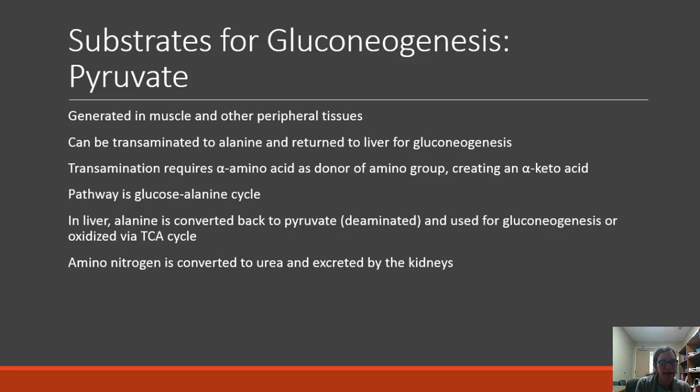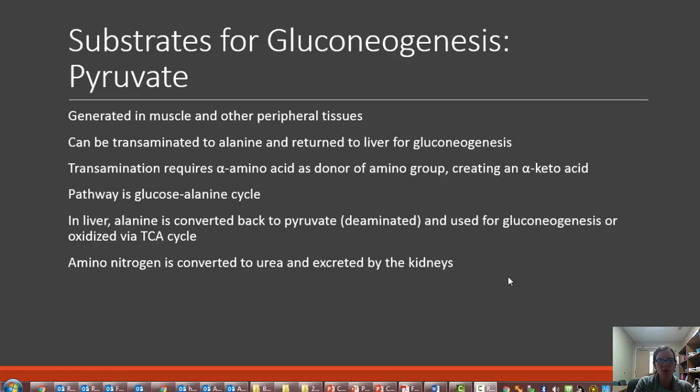For gluconeogenesis. Sorry, let me make sure I'm getting this right. So in this glucose-alanine cycle, we have pyruvate in the muscle that can be transaminated to alanine, and then that alanine can go into the bloodstream to the liver, at which point the amino group is taken off the alanine and it's converted back into pyruvate.